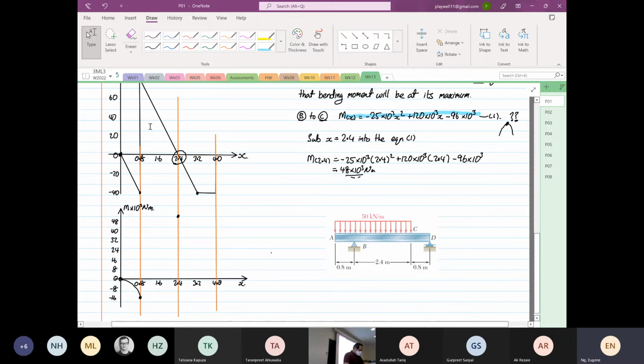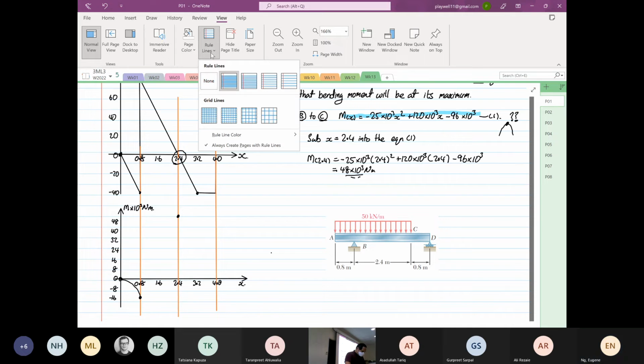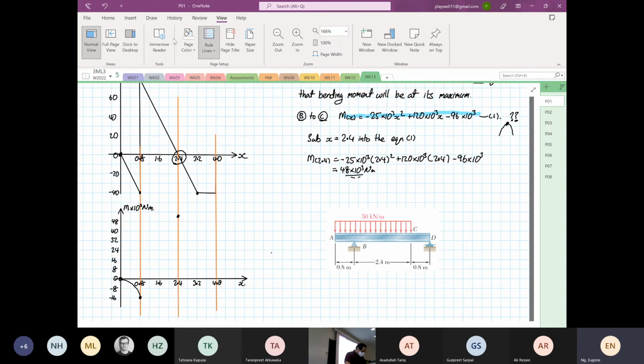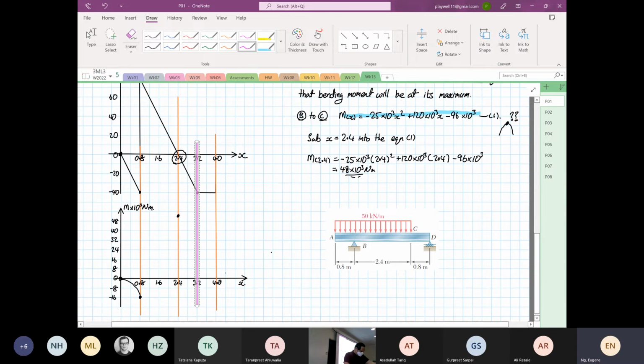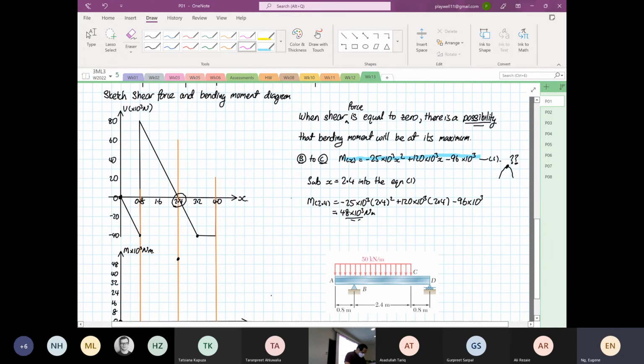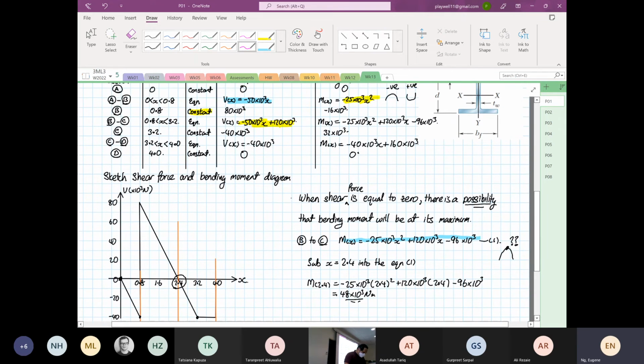Then the next thing I want to do, I want to take note at 3.2 what's going to happen first before I sketch. Okay. So at 3.2, we know that our bending moment is 32.